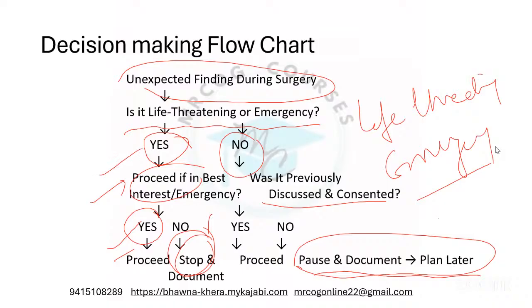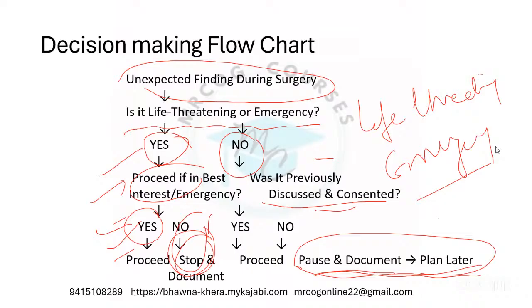If it is life-threatening or an emergency, you have to see whether it is in the best interest of the patient. If it is in the best interest, proceed. If not, stop and just document. But if it is not an emergency, just see whether you have previously consented for it or not. If you have not consented for it, then pause, document and plan it later.